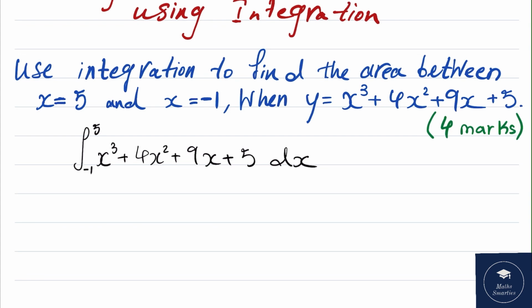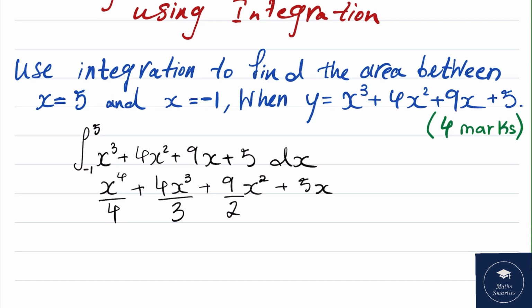Power of 3 is x to the power of 4 divided by 4 plus 4x to the power of 3 divided by 3 plus 9 divided by 2, because we add 1, x becomes squared, plus 5x, and we don't have to divide it by 1, it is just 5.